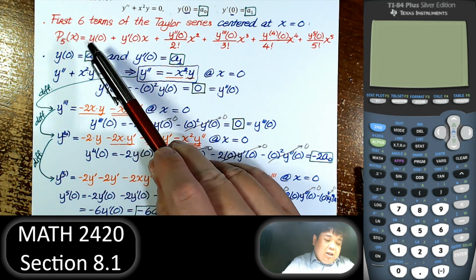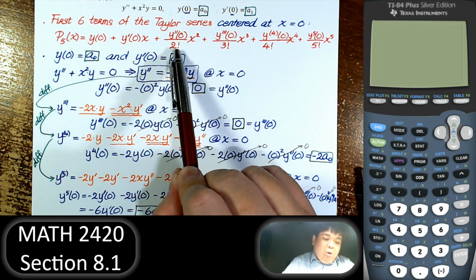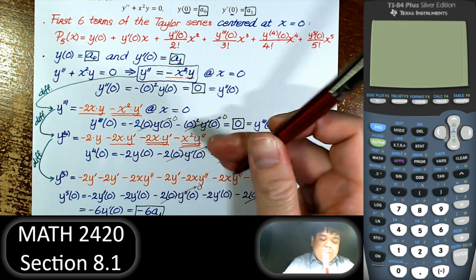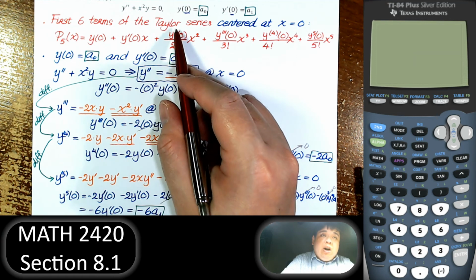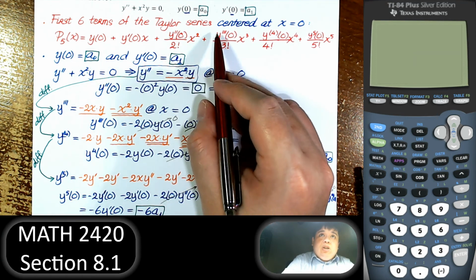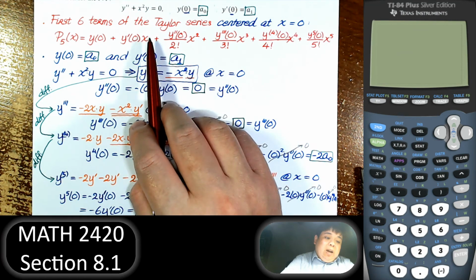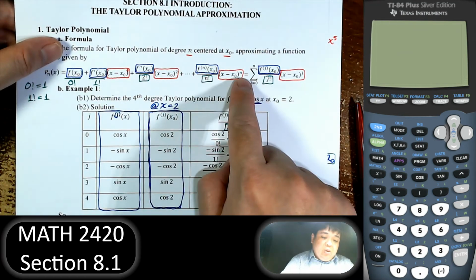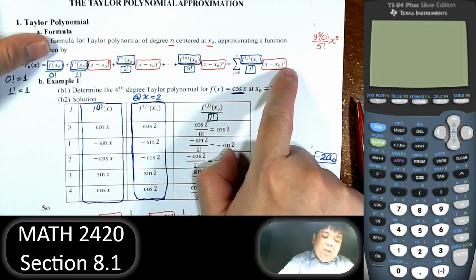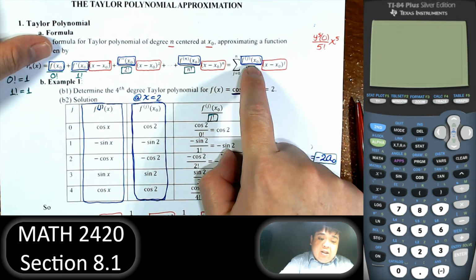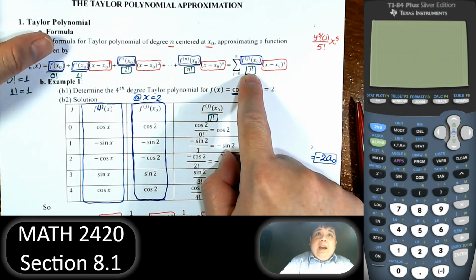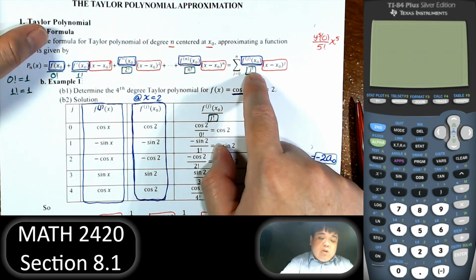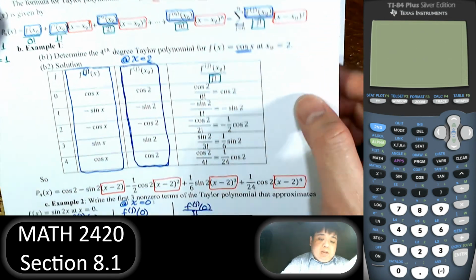So we just have the function derivative, the first derivative over the factorial of the same order, like 2 factorial under the second derivative, 3 factorial under the third derivative, and so on. And then we have x minus the center raised to the power of n. So all of that, the power, the factorial, and the order of derivative, all of them have to be the same number.